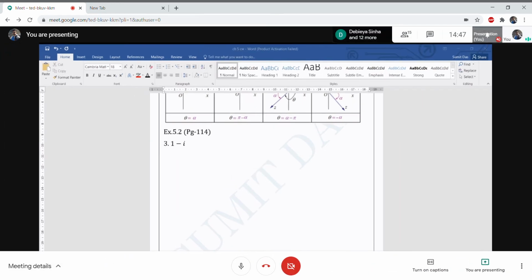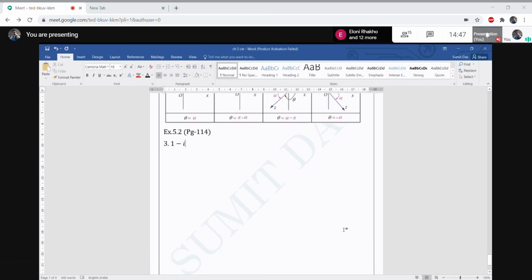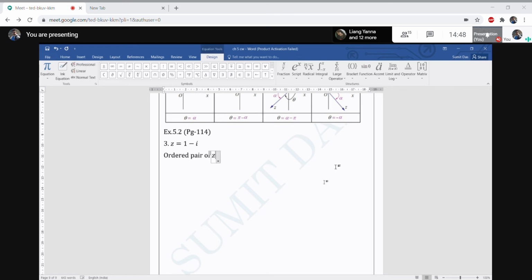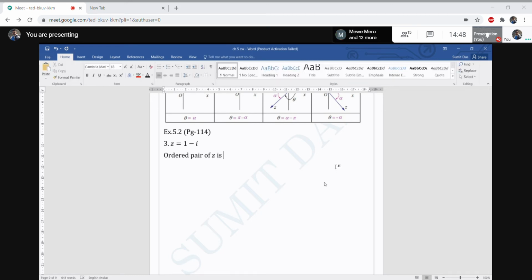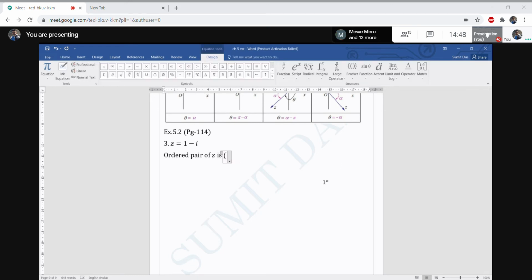Why? Whenever the complex number is given, write down the ordered pair. What is the ordered pair? Suppose this is Z, I am writing Z equal to this. The ordered pair of Z is 1 comma minus 1.